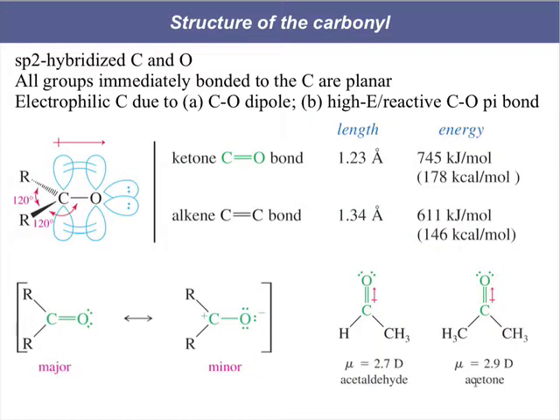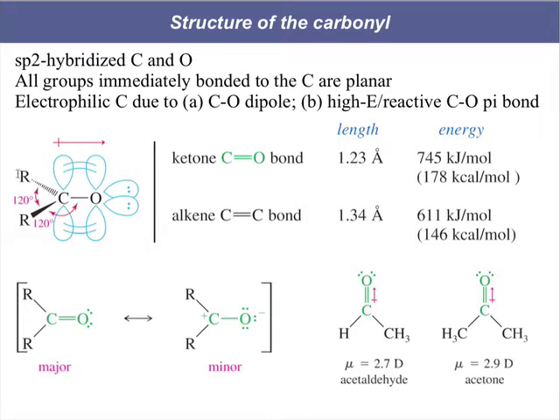The carbonyl is a pretty straightforward chemical structure. Both the carbon and the oxygen in the carbonyl are, of course, sp2 hybridized, meaning that there's a sigma bond and a pi bond constituting the double bond. That means that the two groups that are immediately bonded to the carbon are planar.